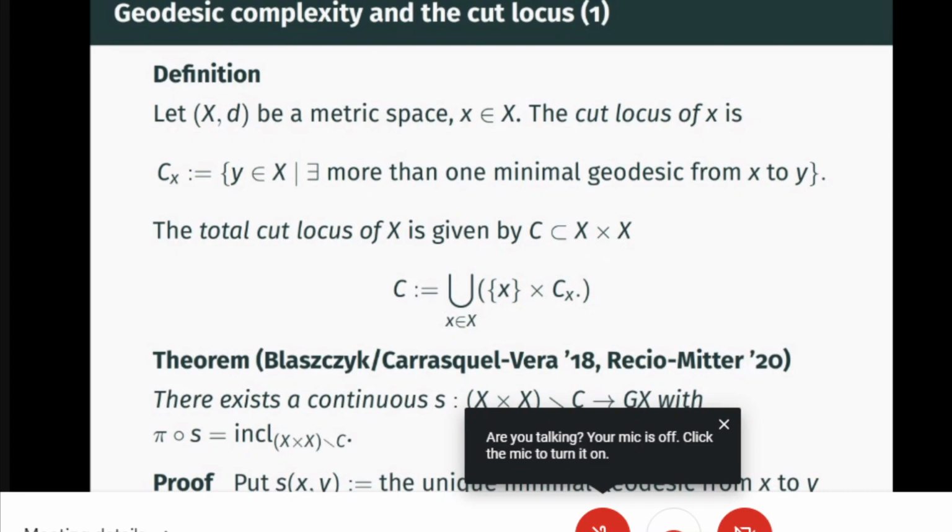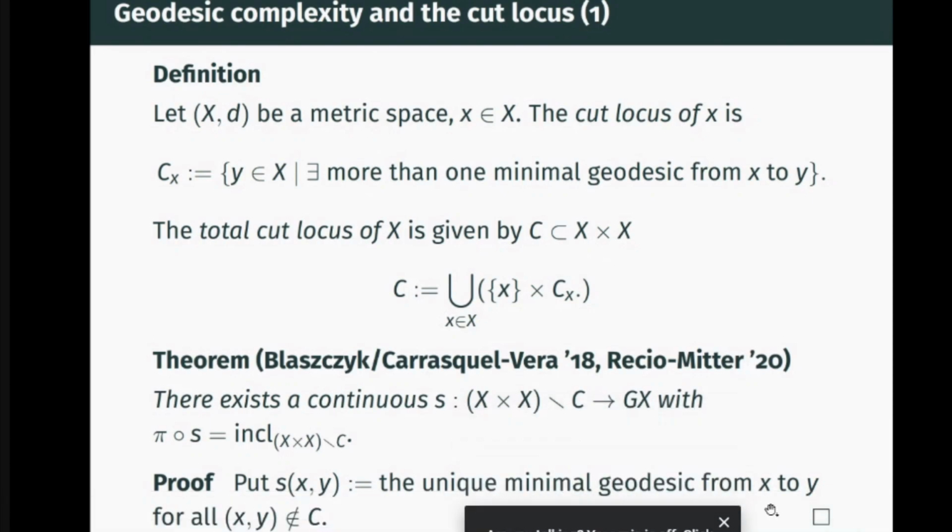So s(x,y) is just defined as the unique minimal geodesic from x to y. This is well defined on the complement of C, so there we don't have any problems. We can just write down this geodesic motion planner and we're fine. So the whole difficulty of the geodesic motion planners is part of the cut locus. This is really what makes the problems here. So it is the total cut locus, basically the union of all cut loci in a certain sense.